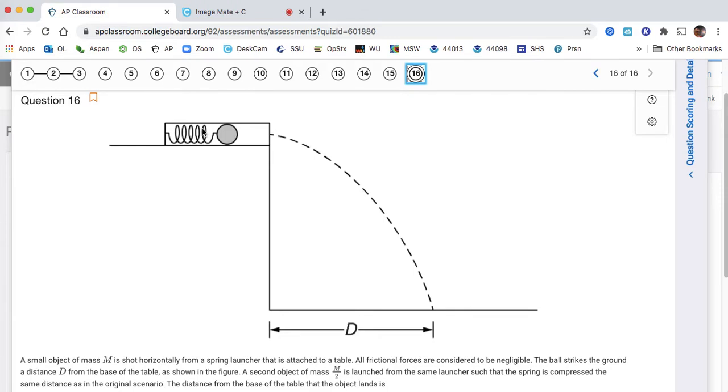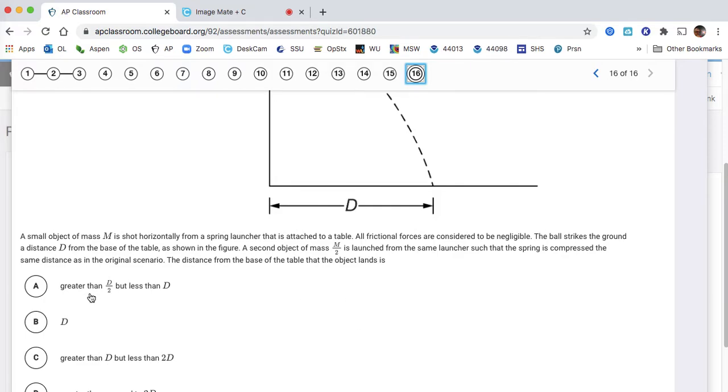Same push, same energy in the spring if you compress it the same distance, same delta E in the spring. Same energy transfer, but if it's got less mass, it's going to accelerate more rapidly. So it's going to be going faster. A ball with lesser mass is going to go faster. So it's going to go greater than D. It's not going to go D, it's going to go greater than D.